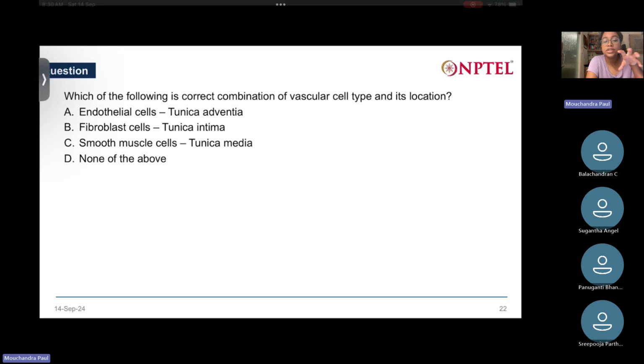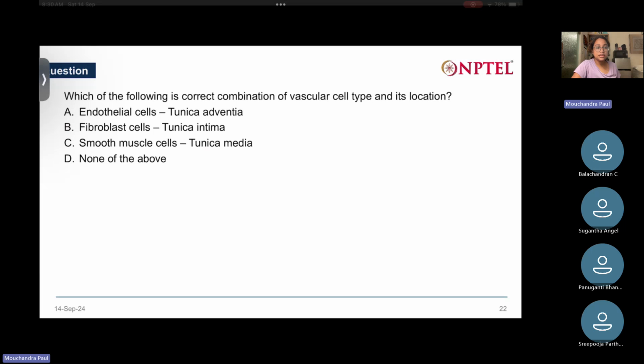Now each of these layers has a primary cell type present in it. So you have to match it basically, and then after you match it, you can correctly answer this question.